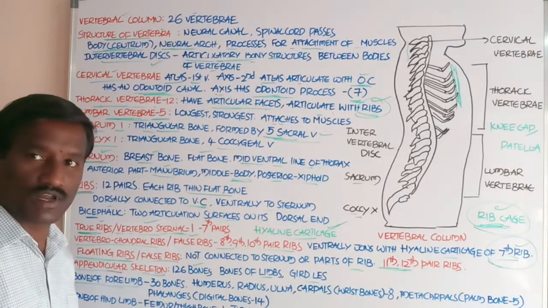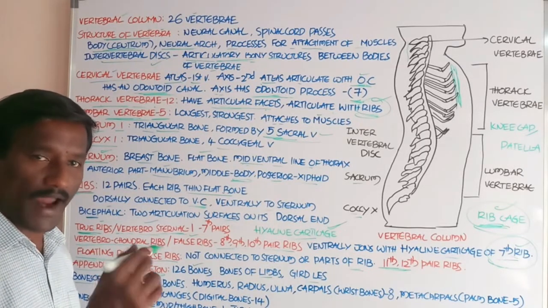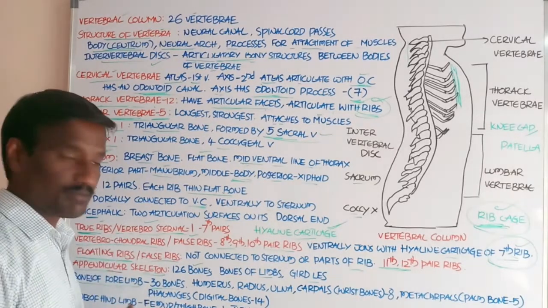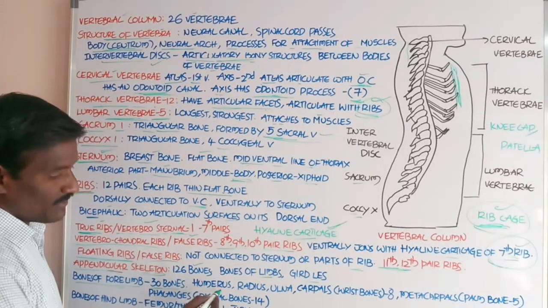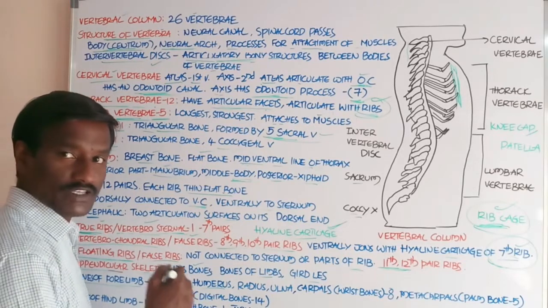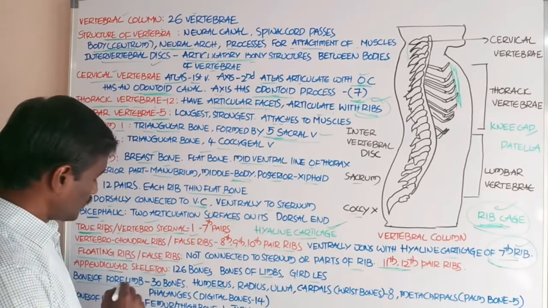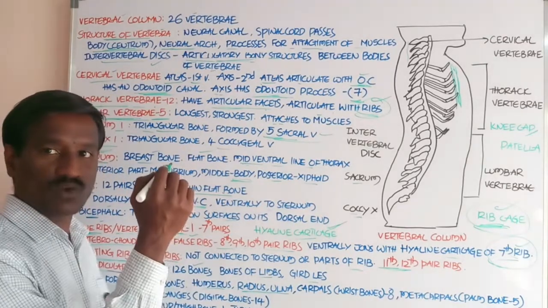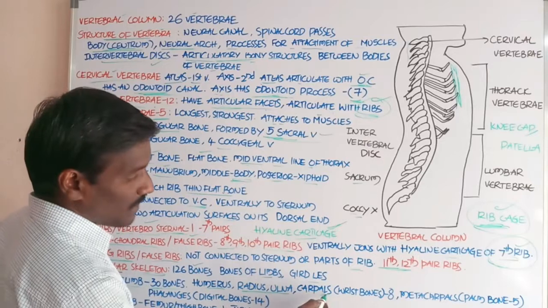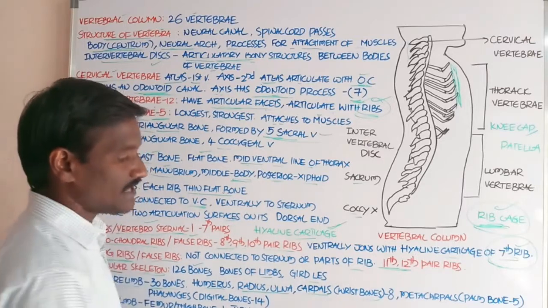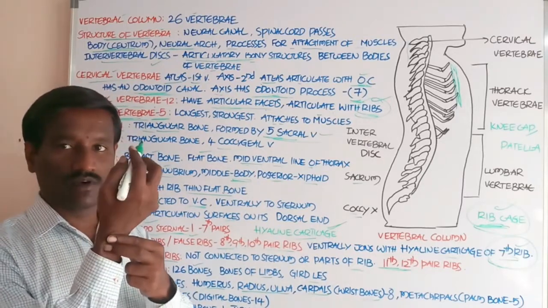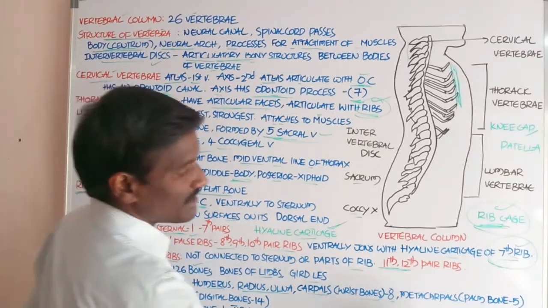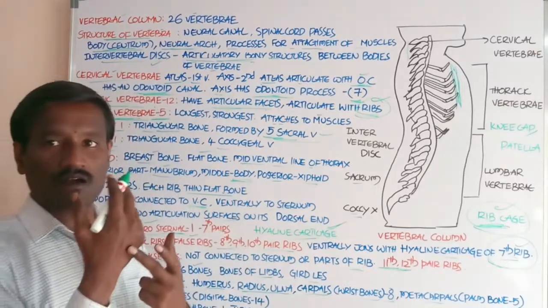Bones of the forelimb. Okay student, bones of the hand: 30 bones are present in each hand. The humerus is the first bone of the forelimb, and the others are radius and ulna, and carpals, also called wrist bones, 8 in number.